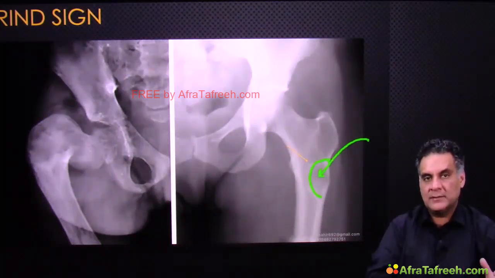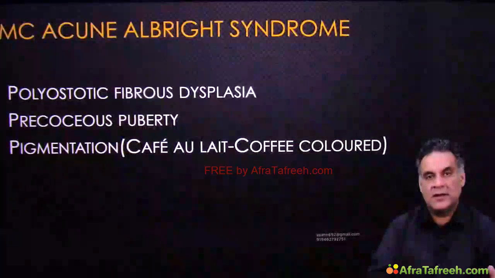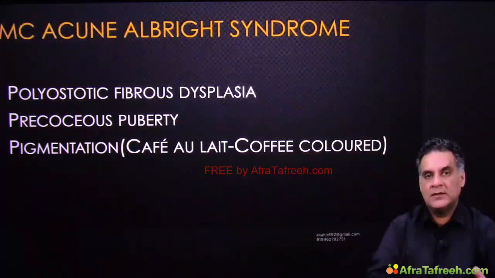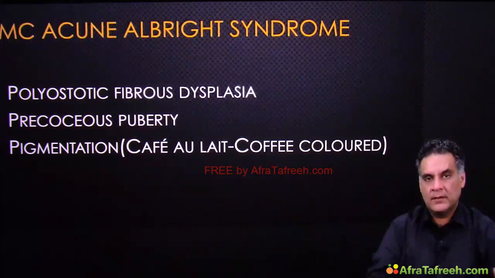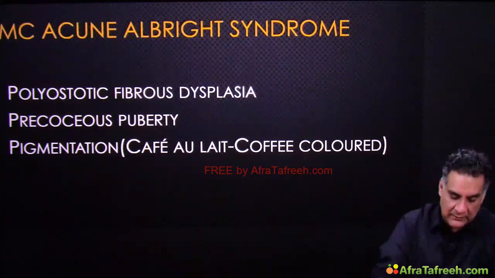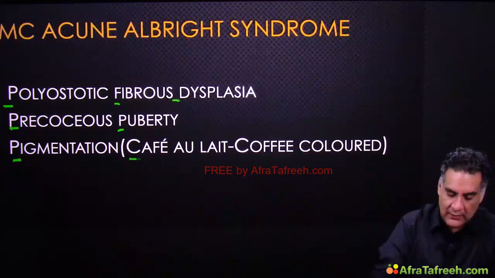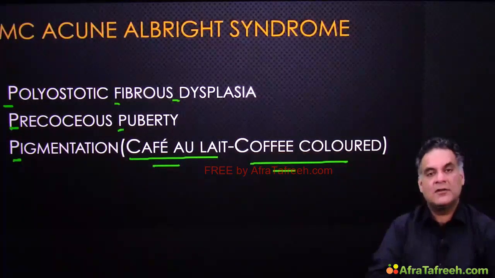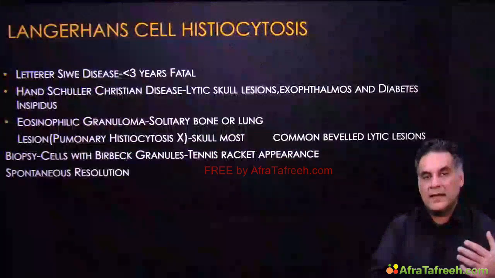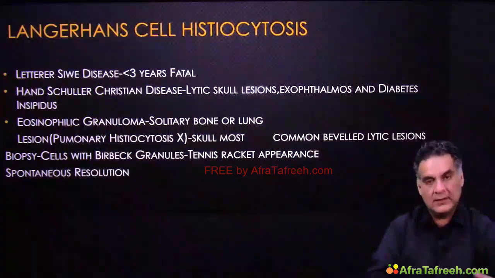So fibrous dysplasia can lead on to a syndrome called as McCune-Albright syndrome, which has 3 P's: polyostotic fibrous dysplasia, precocious puberty, pigmentation in which you have coffee colored spots, also called as café-au-lait spots.